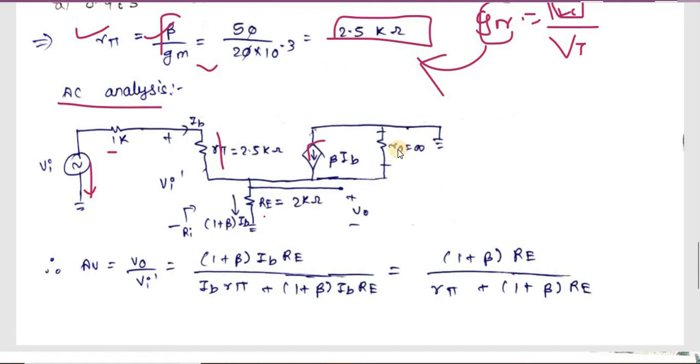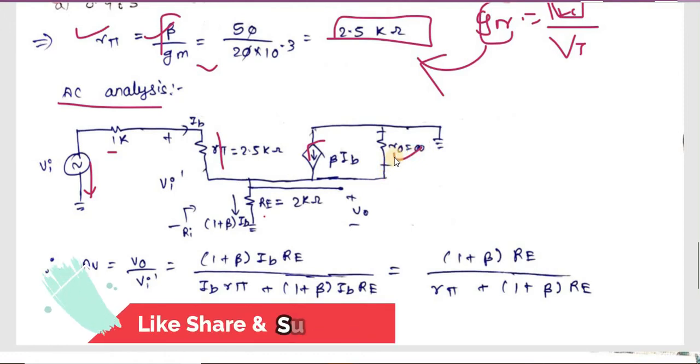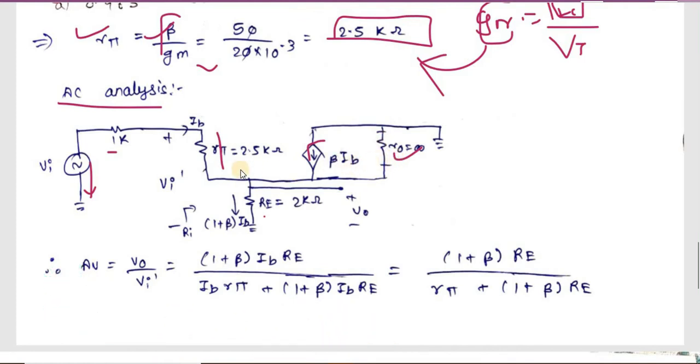In most of the sums I didn't draw this, but here, to show you the exact location of RO, I have drawn it. In most sums you will always get RO equal to infinity, so it is not needed to draw it again and again. In this question also RO is equal to infinity, so we will neglect this RO and open circuit it.